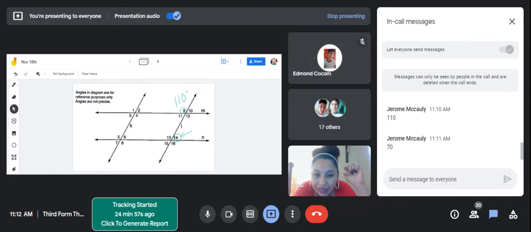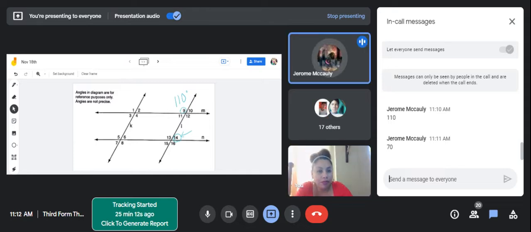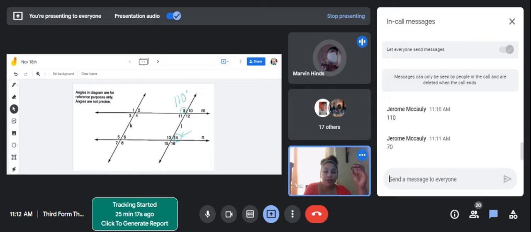Alternate angle, miss. They're alternate angles? No, they're not alternate angles. Alternate angles means that they measure exactly the same. These ones do not measure exactly the same. Straight angle, miss. It's not a straight angle.